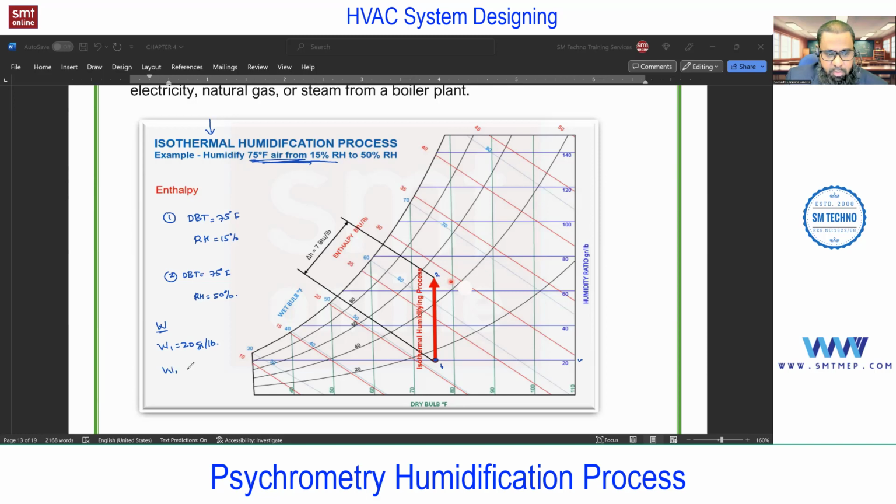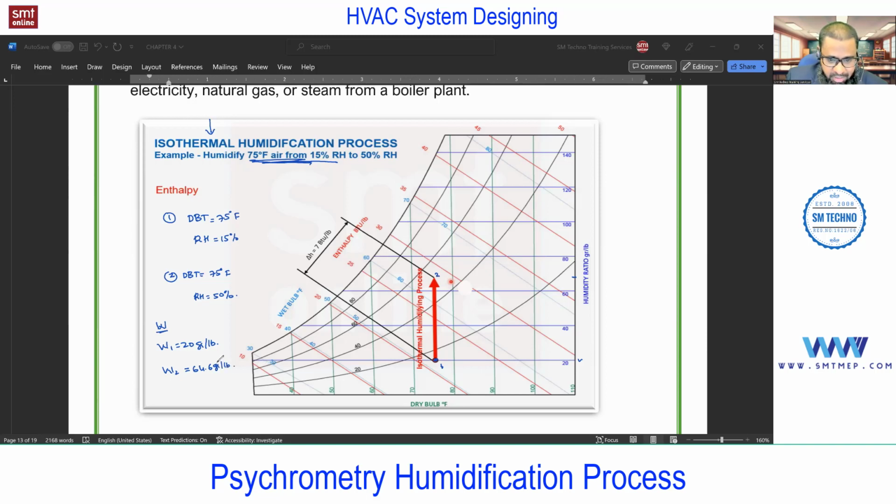And what about W2? Will it increase or decrease? It will increase. Obviously, we're adding moisture, so the humidity ratio, meaning more grains per pound of dry air, will increase. When I check above 60, I'm getting 64.6 grains per pound of dry air.